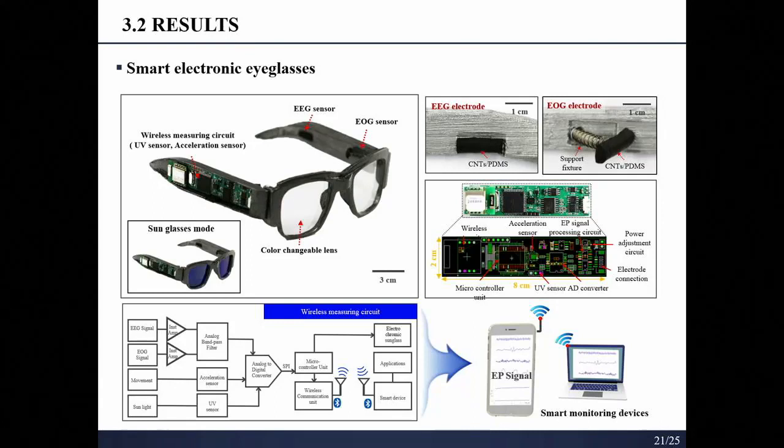So this is the real image of the smart electronic eyeglasses. Inside shows the sunglasses mode, and some sensors and systems are embedded in the eyeglasses. The biosignal measurement electrodes are embedded here and conformally connect to our bodies just by wearing the eyeglasses.